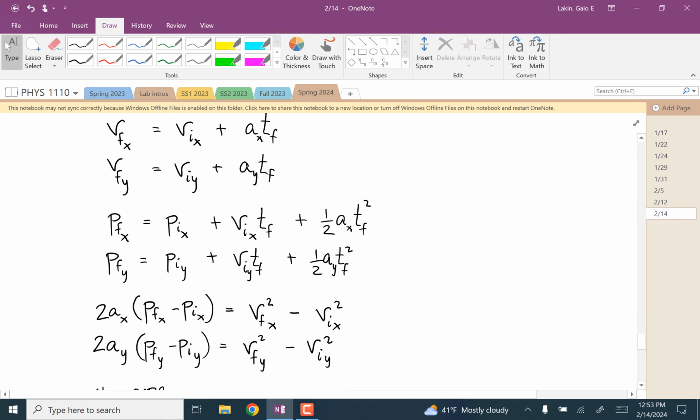So if you can figure out an equation that lets you solve for time final, then knowing time final, you can use that in the other type of equation. What'll happen more often is we'll use the y equation to find time final, like to find how long it takes to hit the ground or whatever. And then we'll take that time final that we solved and plug it into the x equation to figure out how far it went horizontally before it hits the ground or something. Okay?